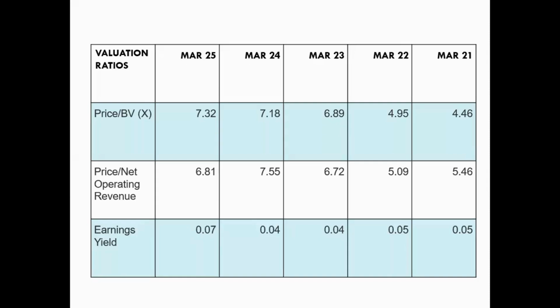Price to net operating ratios are 6.81, 7.55, 6.72, 5.09, 5.46. Earning yields are 0.07, 0.04, 0.04, 0.05, and 0.05. Earning yield for standalone and consolidated ratios are the same.